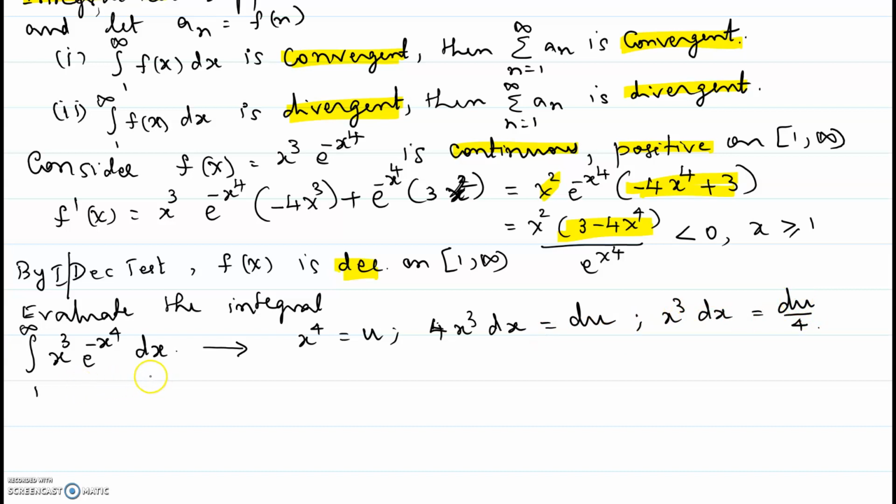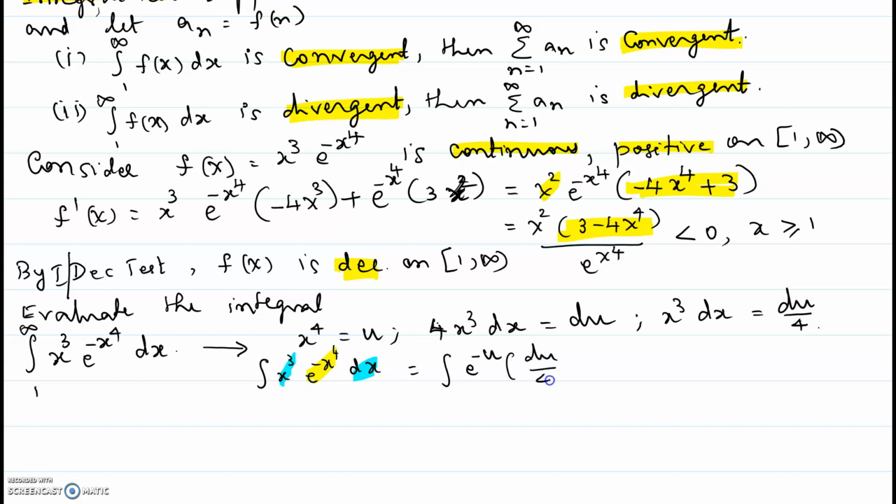So the integral would become, without the improper integral sign, if you just consider the integral of x cubed e to the negative x to the power 4 dx, this would give us e to the negative u, which is the exponent part. Then the remaining part, x cubed dx, can be written as du over 4.